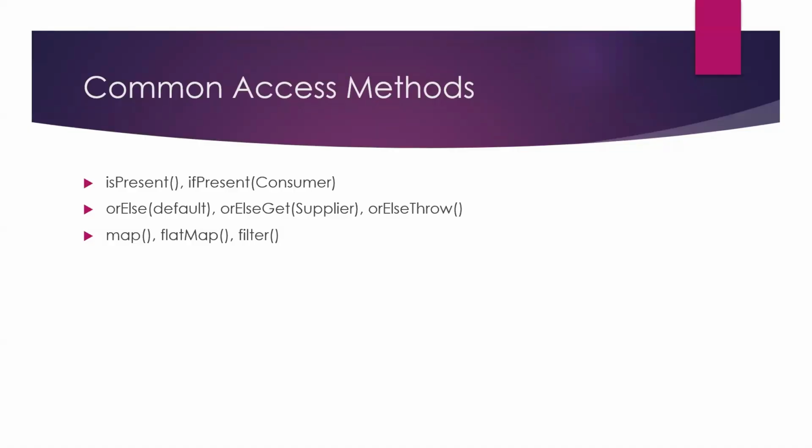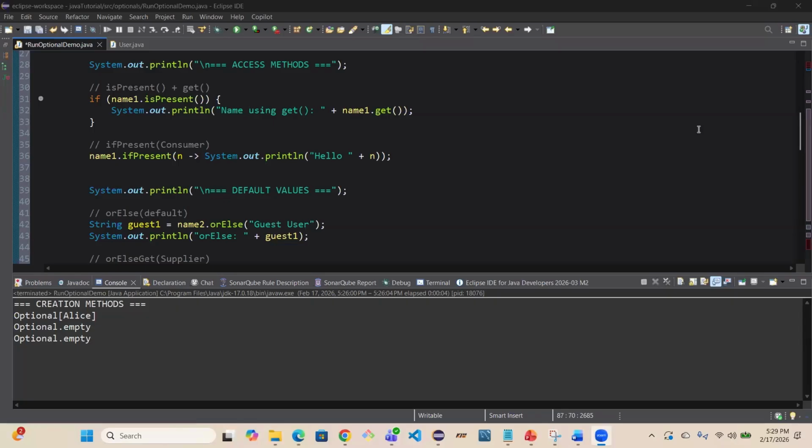Next, we have common access methods. These include isPresent, ifPresent, orElse, orElseGet, orElseThrow, as well as map, flatMap, and filter. All right, here are some access methods. So we have isPresent combined with the get method.